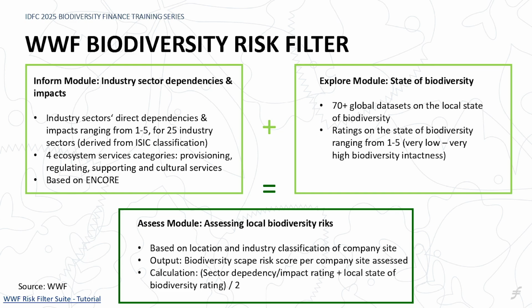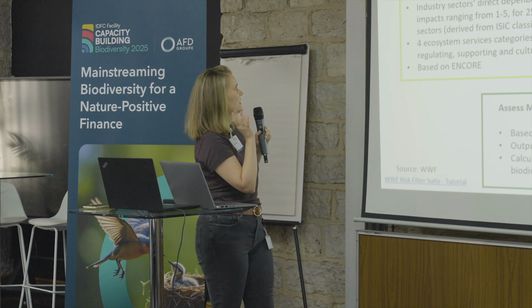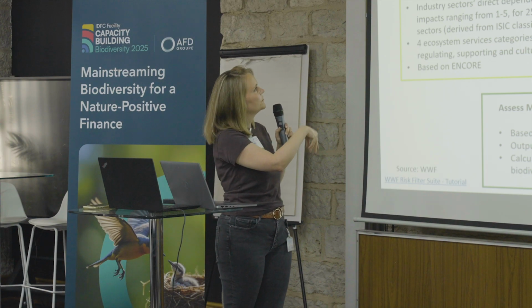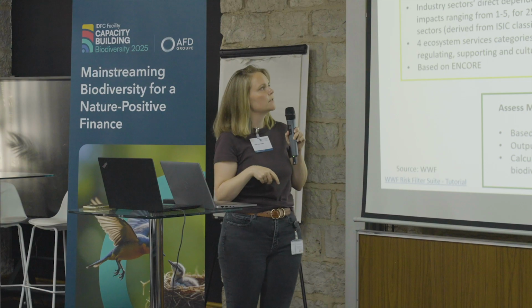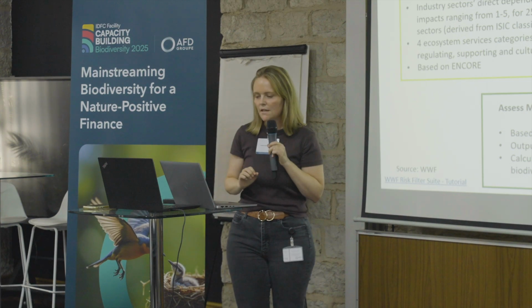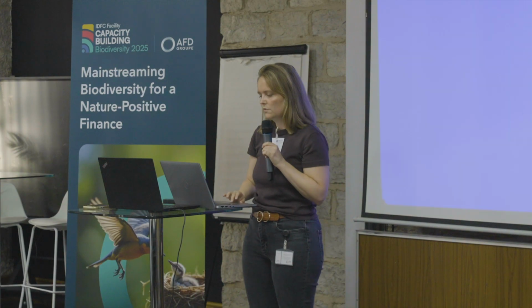Then we will have a look at the Assess module, where you assess your local biodiversity risks. The score from the Inform module plus the score from the Explore module are added together and divided by 2.